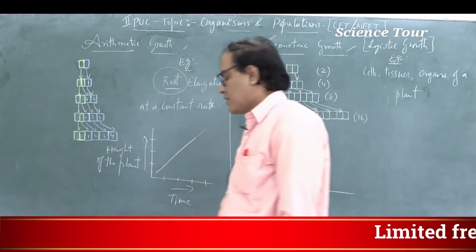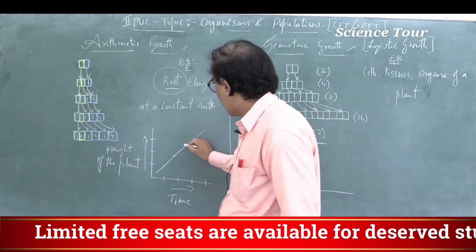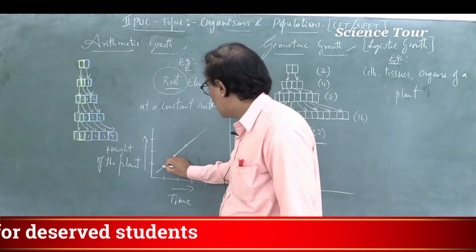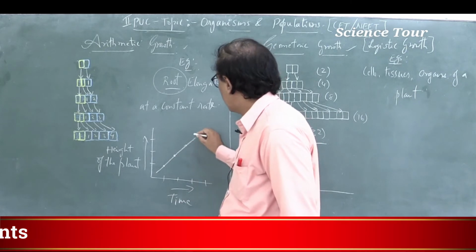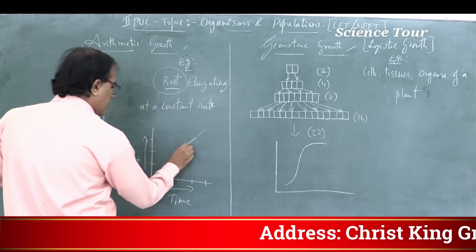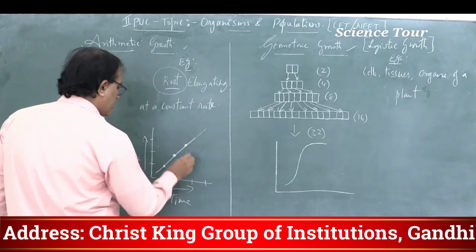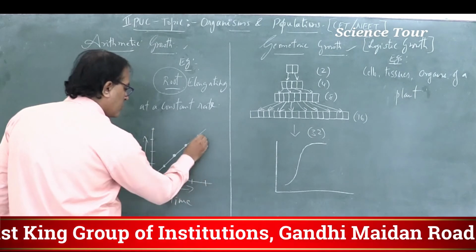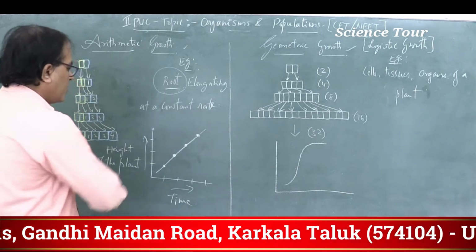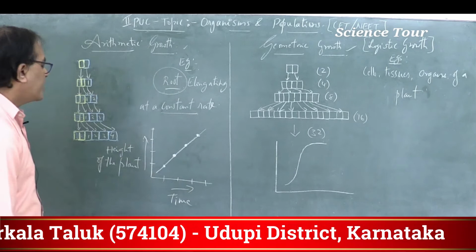You plot the different points and you get a straight line. So constant growth you can see here, constant growth, that is arithmetic growth.